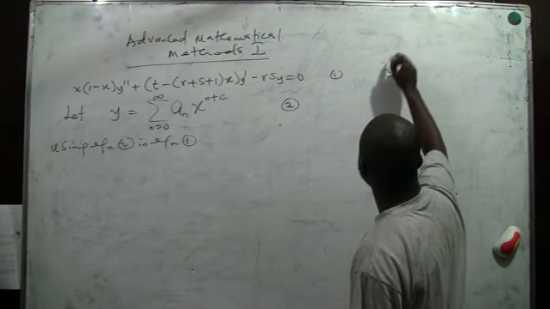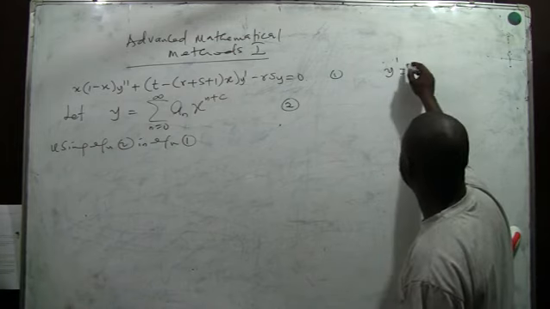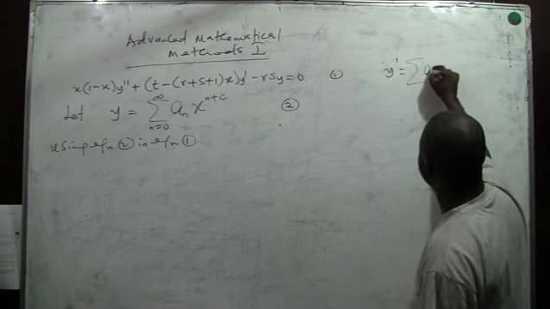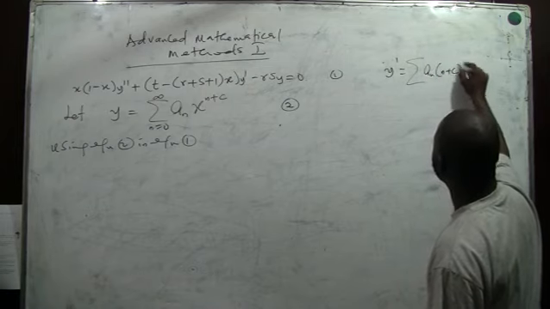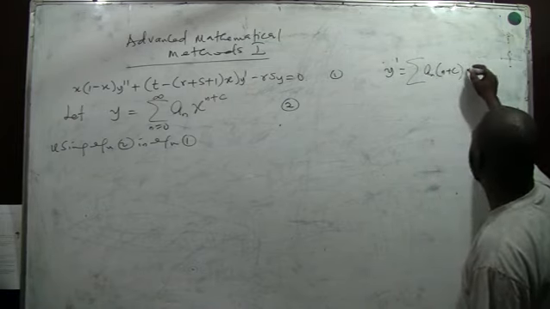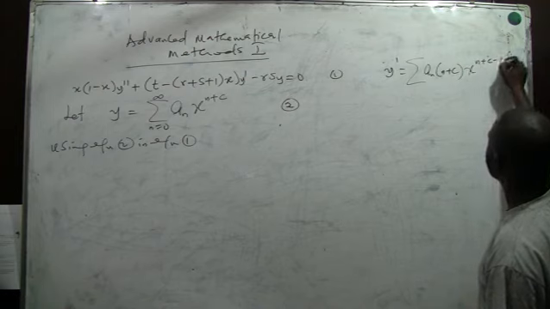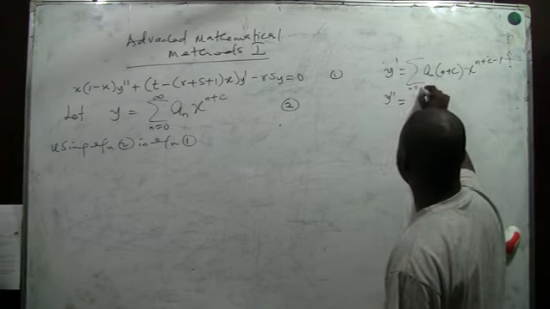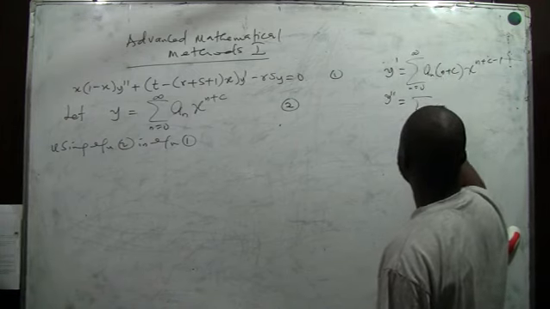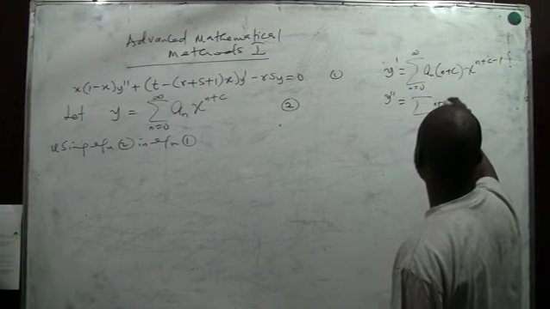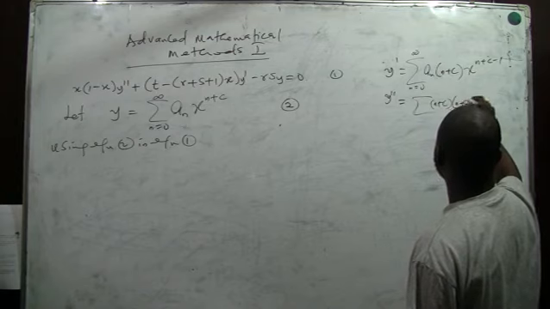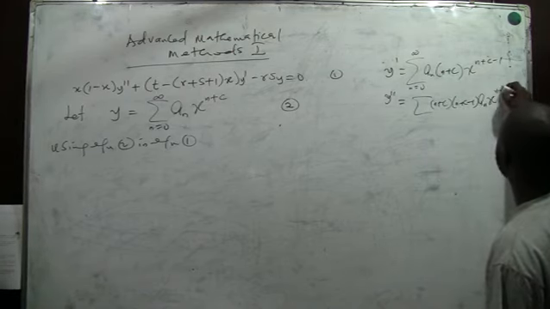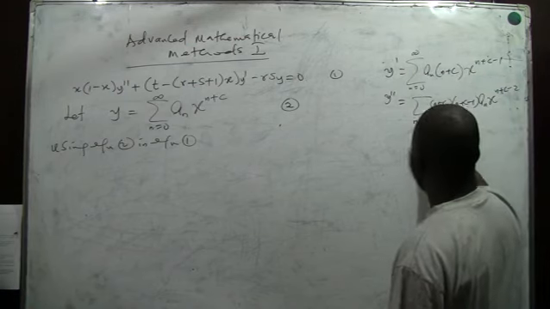The first derivative becomes a_n times (n plus c) x raised to the power n plus c minus 1. The second derivative becomes (n plus c)(n plus c minus 1) a_n x raised to the power n plus c minus 2, n from 0 to infinity.